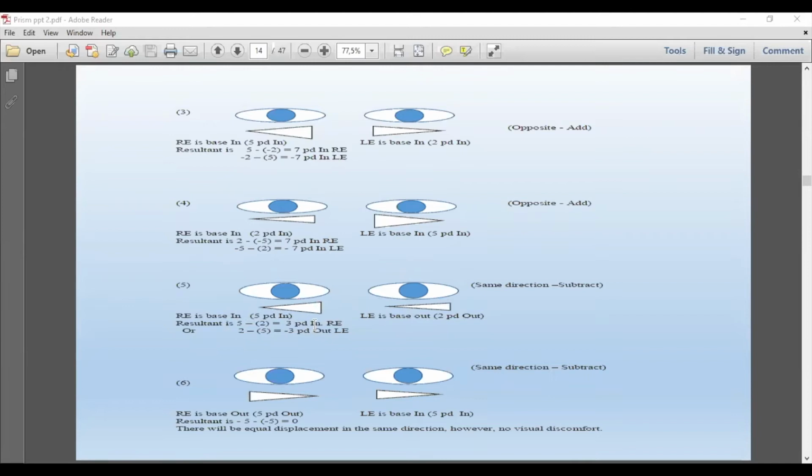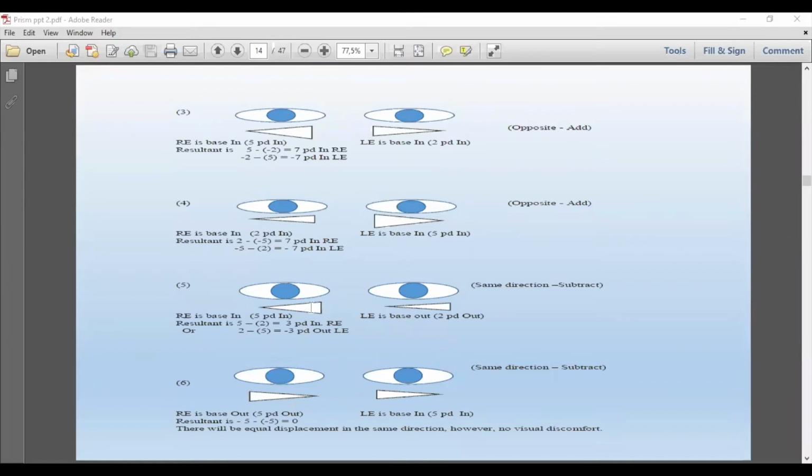So your resultant over here would be 3 in the right eye, or alternatively, it's going to be 3 out in the left eye, just by following the signs over here. So 2 minus 5 is going to be minus 3, so it's going to be out. And for the right eye over here, 5 minus 2, which is 3. So here we're left with a positive. Positive is to the right. It will be 3 in for the right eye.